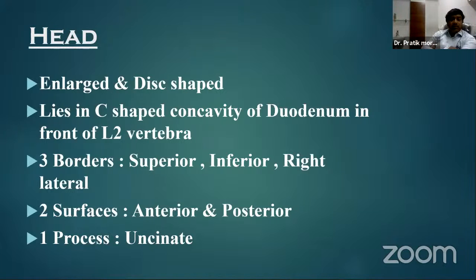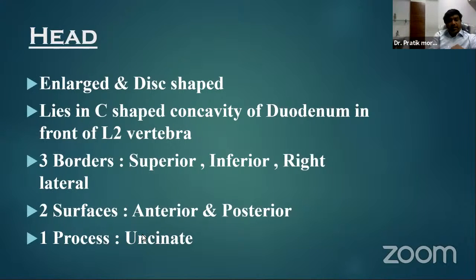Then the head of the pancreas has 3 borders. One is the superior border, second is the inferior, and third is the right lateral border. This right lateral border can be called the right border, or lateral border, or right lateral.